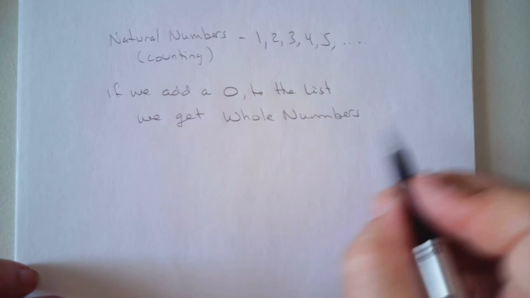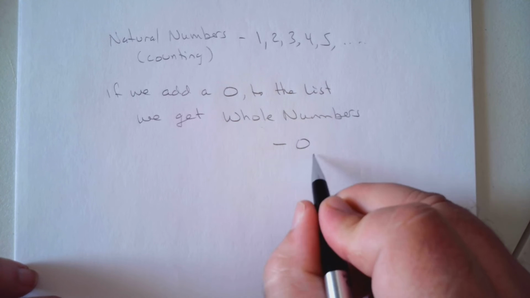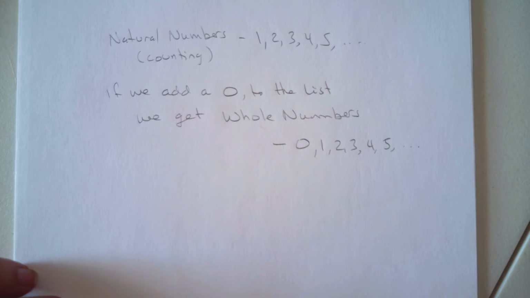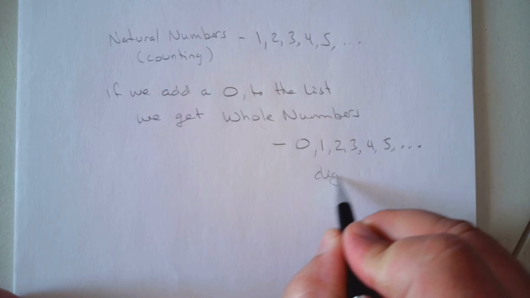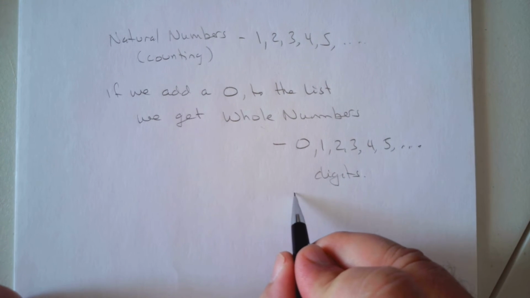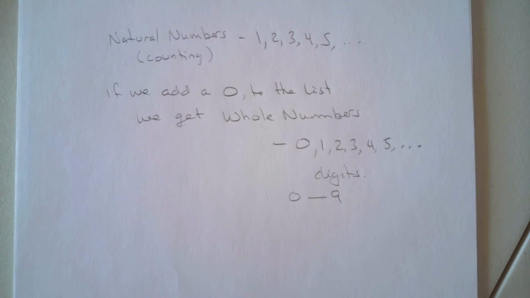So whole numbers start with 0 and all the counting numbers, and so on and so forth. And each of these numbers here are called digits. From 0 to 9 are digits, from the fingers on our hands.